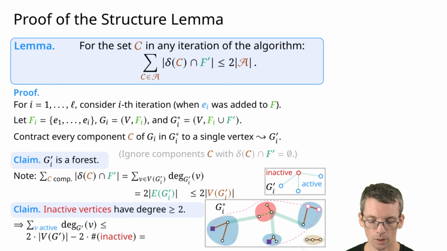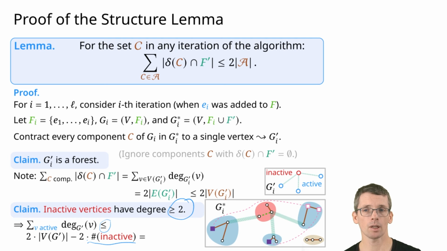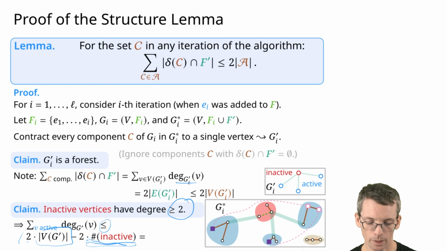And because the degrees are at least 2, this is smaller or equal minus 2 times the number of inactive components. Because each of the inactive components, the summand here is the degree, and the degree we know is at least 2. But this now is 2 times the number of all vertices minus the inactive ones.